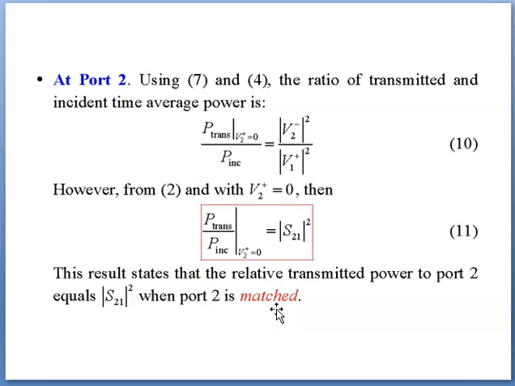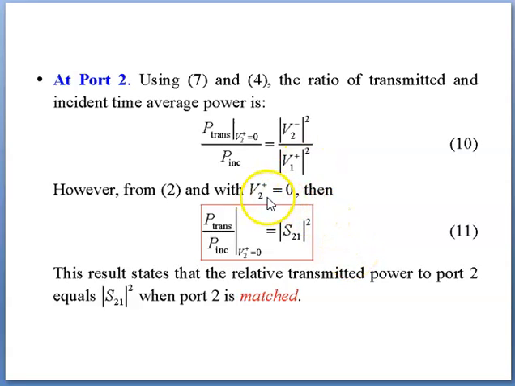Now we move on to port 2. Using equation number 7 and number 4, the ratio of transmitted and incident time average power is P transmitted, provided that V2 plus is equal to 0, over P incident, which is V2 minus squared over V1 plus squared.